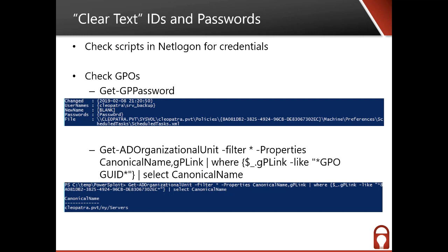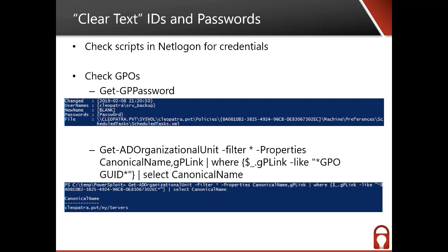The next one that you can search for is within GPOs themselves. This is kind of an interesting story, but back in 2008, Microsoft added something called Group Policy Preferences to GPOs. And this allowed admins to store credentials in different GPO settings, such as mapping drives or creating local users on servers, printer configurations, scheduled tasks, changing the local administrator password, a variety of different things.